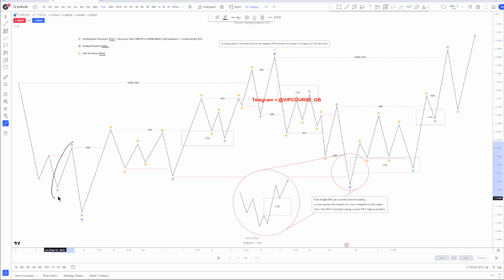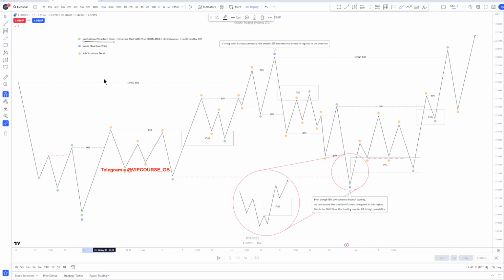So in this case, this would be an institutional structure level or institutional structure leg. And we'd be looking at the institutional structure point at each vertex, or the high and the low. This goes for swing structure and it goes for substructure. Okay. I've organized these in order of importance.